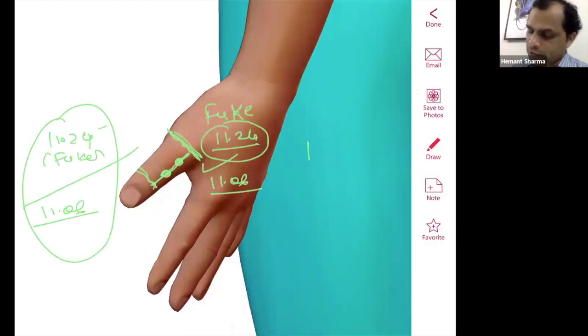This Fouquet point is only useful for females. We are not using the Fouquet point for males. But 11.06 we use for both male and female. So if any female is suffering with any reproductive problem, we use both points. But if any male is suffering with any reproductive problem, we use only 11.06, which we'll discuss tomorrow.